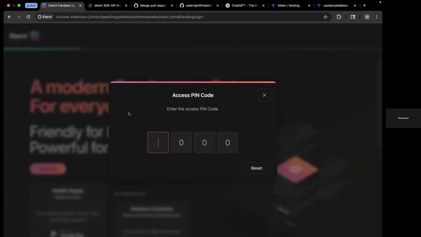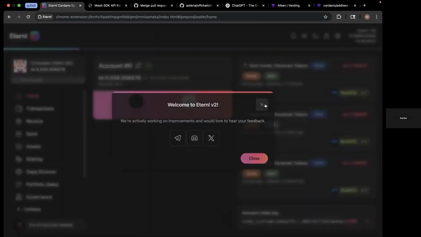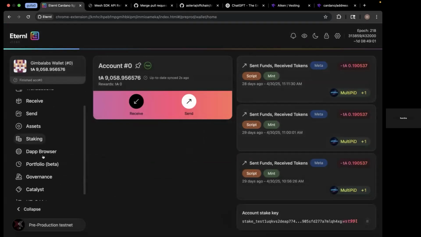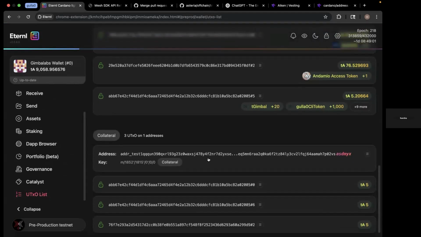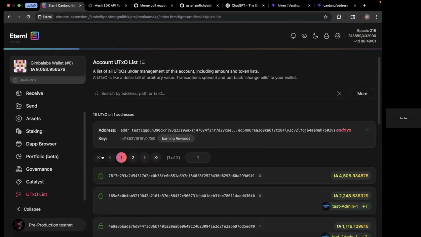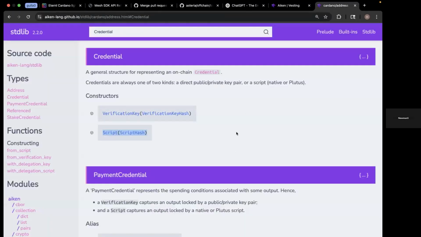Yes, as long as I have the keys, all the UTXOs that exist in this specific wallet, all the UTXOs in my UTXO list, I am able to control. Okay?